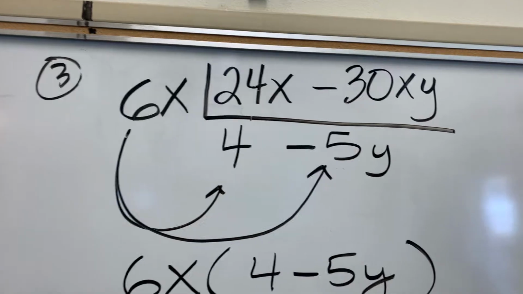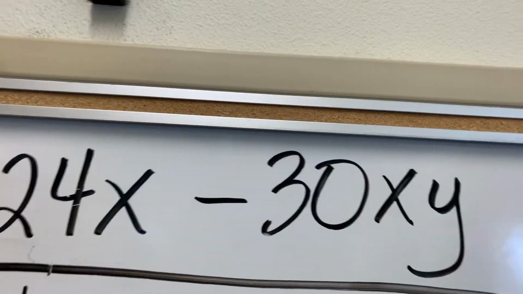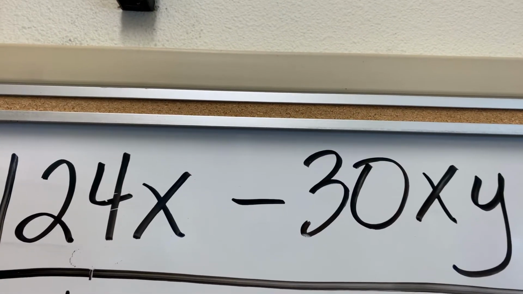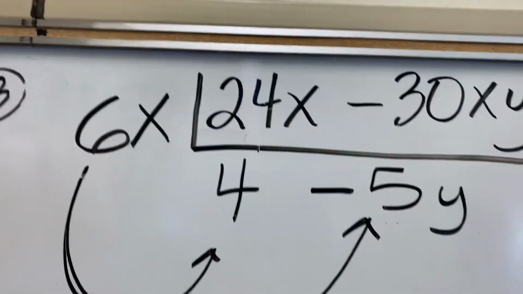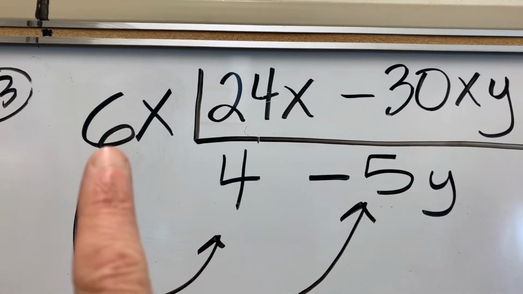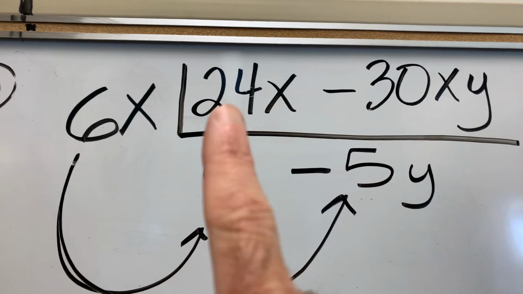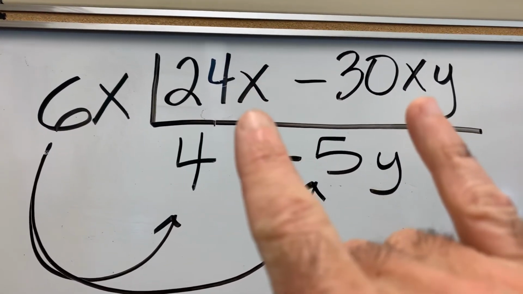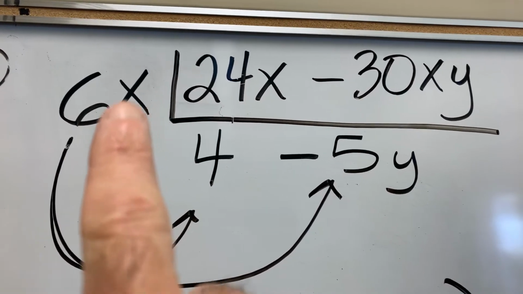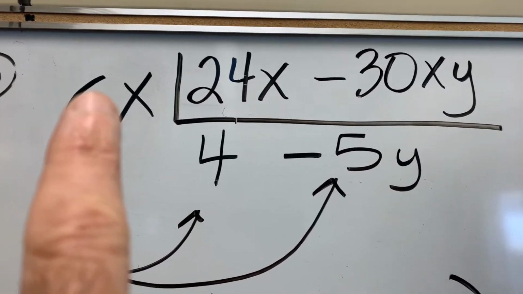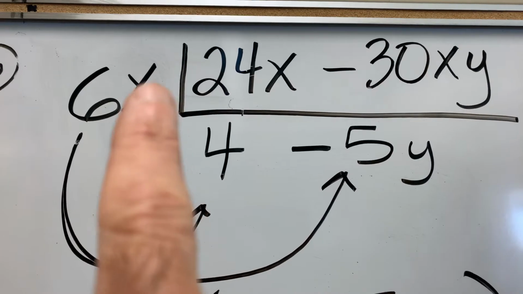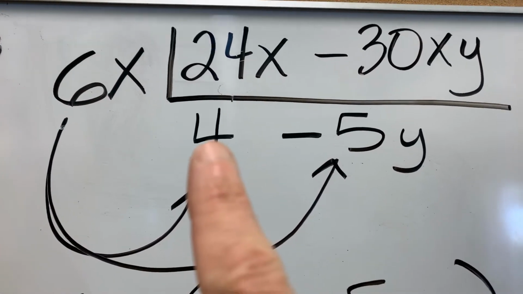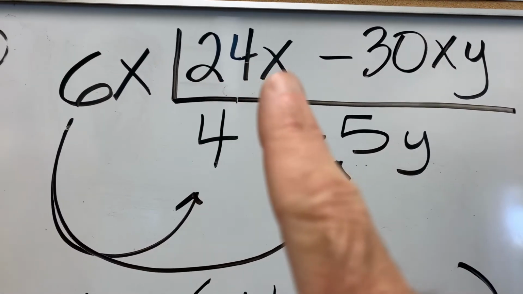Number 3, they wanted you to factor that. So what you have to do is find the greatest common factor. The largest number that divides into 24 and 30 is 6. And they have a variable in common, so I factored out the x. Then you have to think to yourself, 6x times what would be positive 24x?